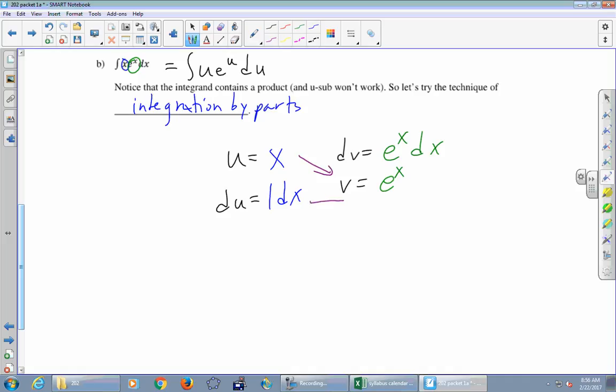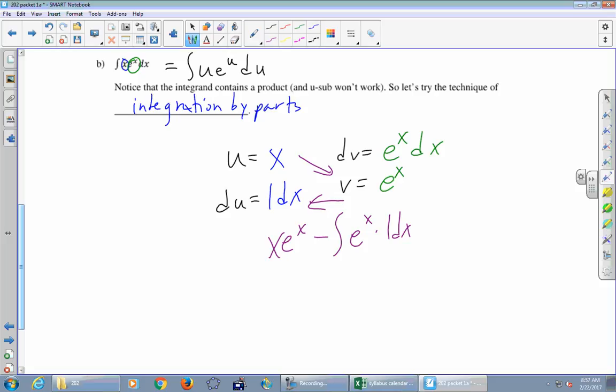And then the arrows always go in that direction. And we get the integral of e to the x, which we can do. Okay, so that's integration by parts. Looks really similar to the u substitution up above.